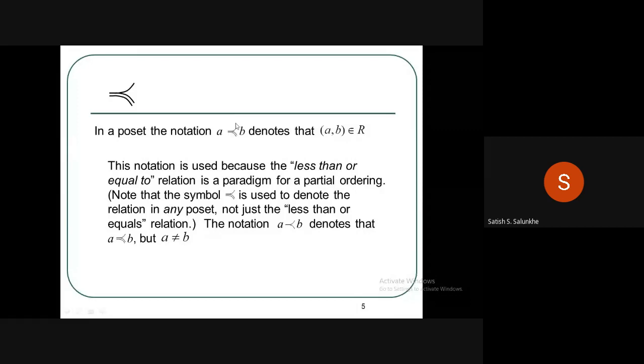This symbol indicates A is partially ordered with B. Note that the symbol is used to denote the relation in any poset, not just the less than or equal to relation. The strict notation A precedes B denotes that A is partially related to B, but A is not equal to B.